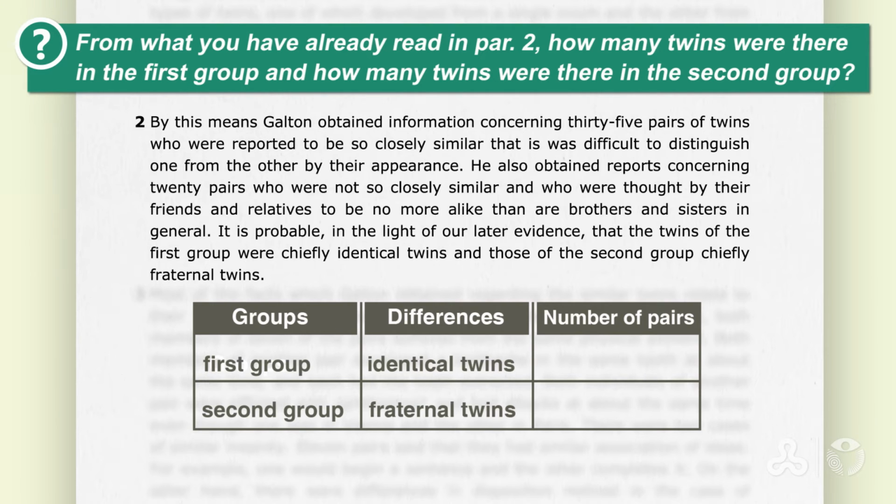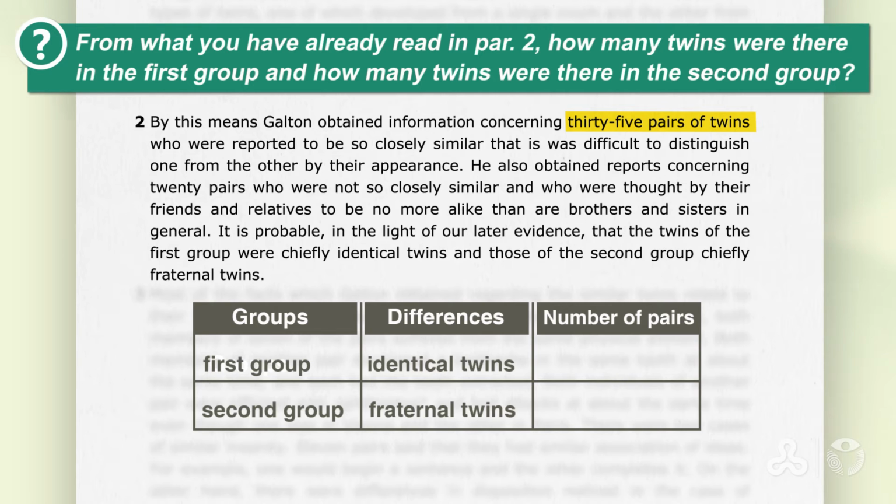So as you can see, the first group of twins were 35 pairs of twins who were reported to be so closely similar that it was difficult to distinguish one from the other by their appearances. So the first group were twins that were very, very similar, the identical twins. Okay?